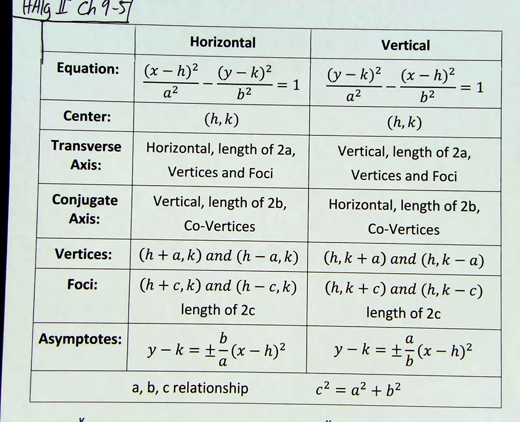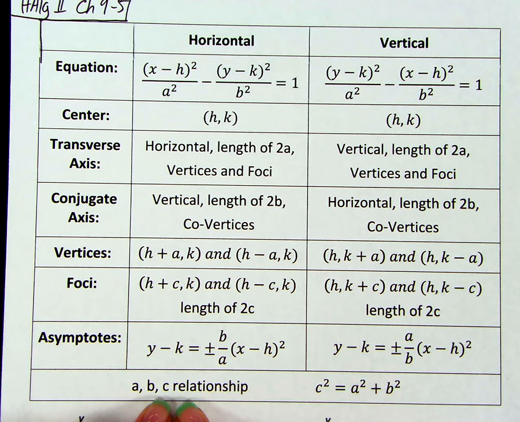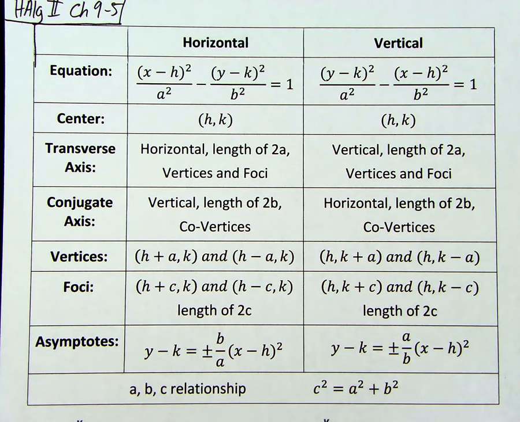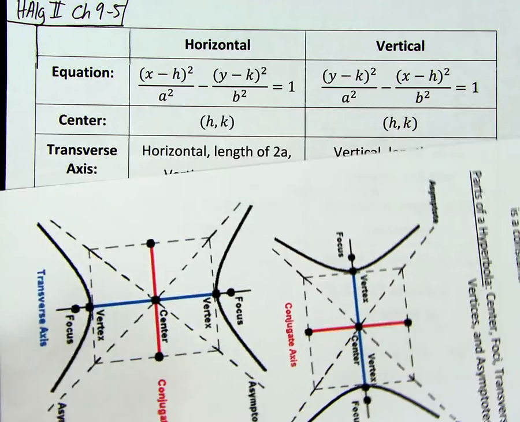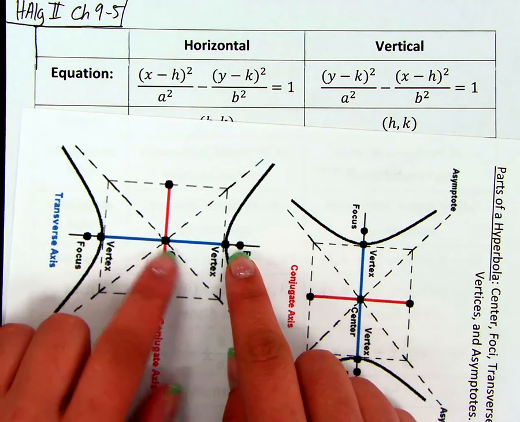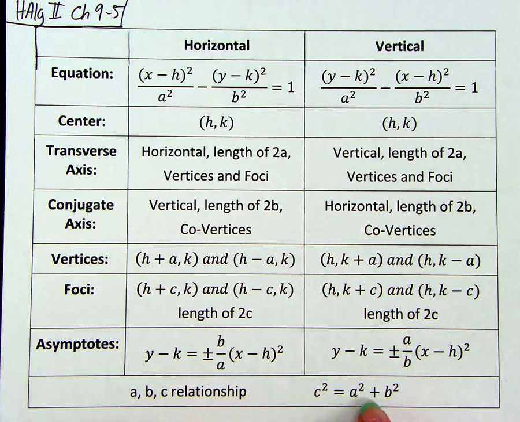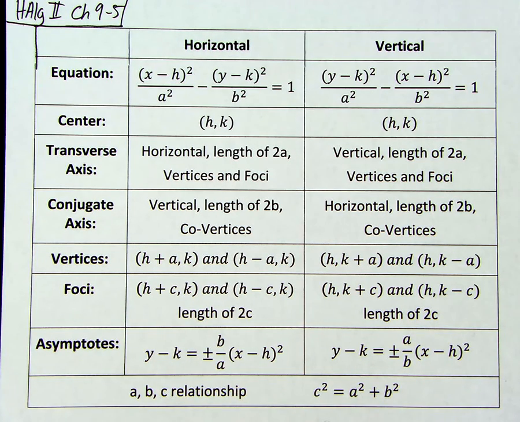The other thing we need to take note of is our ABC relationship. It is a little bit different from the ellipses, and that's because of where the foci are placed. Since the focus points are outside, our C value is going to be bigger than A. So instead of a minus here, we're going to have a plus for the hyperbolas.